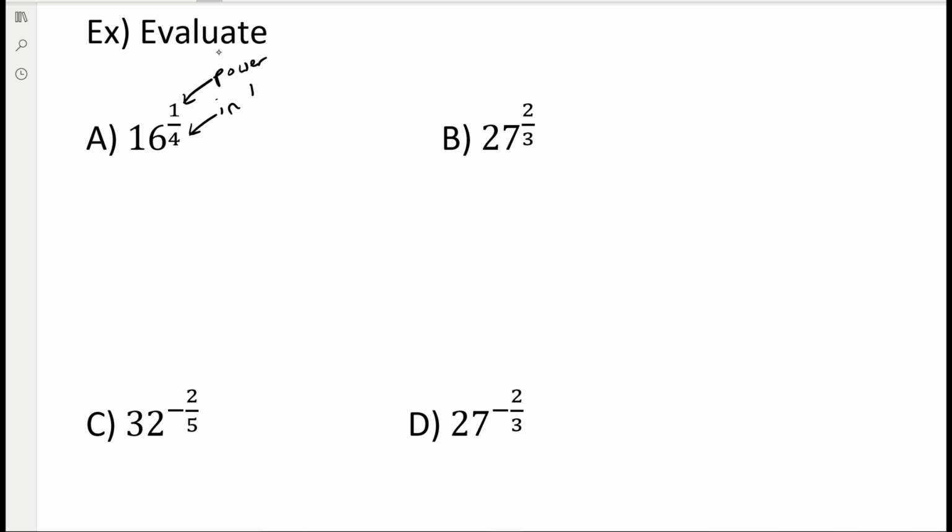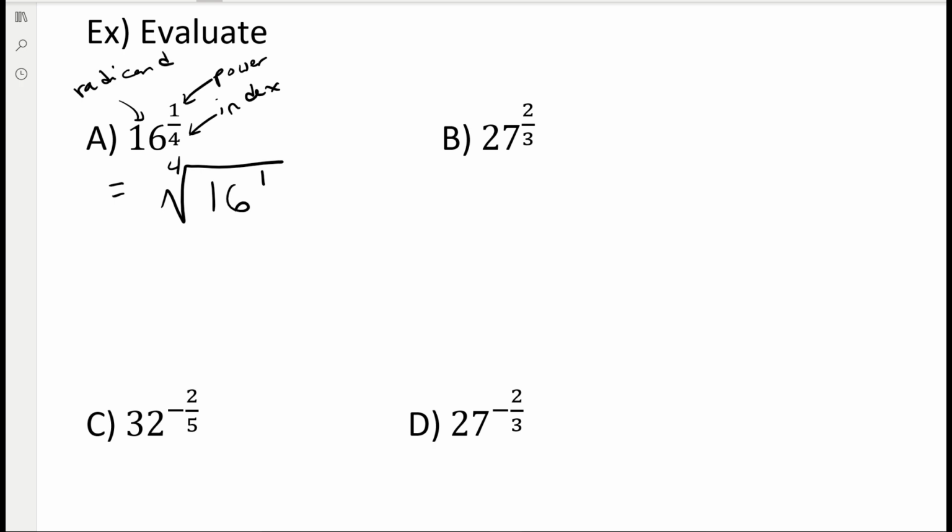So this is my index. So if I want to write this as a radical, my index is 4, so that goes here. I got 16 is my radicand, so this becomes my radicand. And then my power is 1, so it's 16 to the 1 power, which I don't have to write. So now we basically have the 4th root of 16.